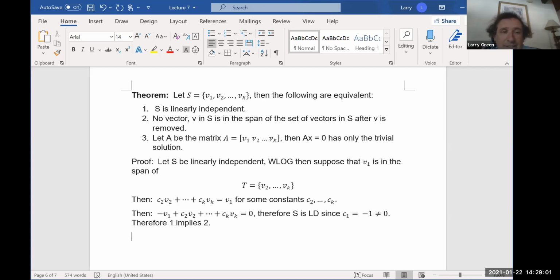So suppose you want to go from 2 to 1. All right, the idea is you do it in the same way. You do proof by contradiction. So you say, suppose S is dependent, and then you're going to say, if S is dependent, then there must have been a vector. Do you see that?